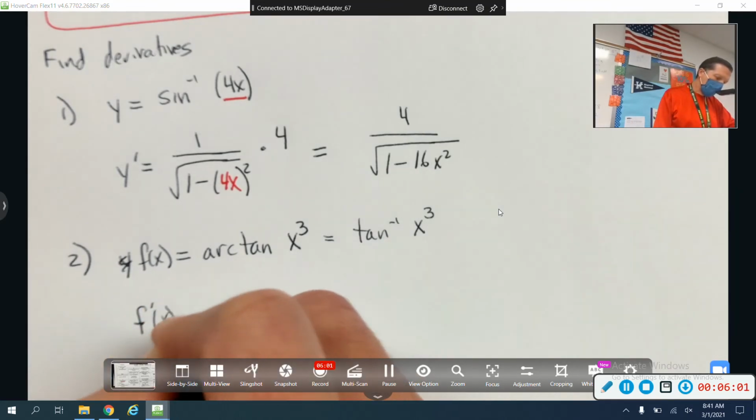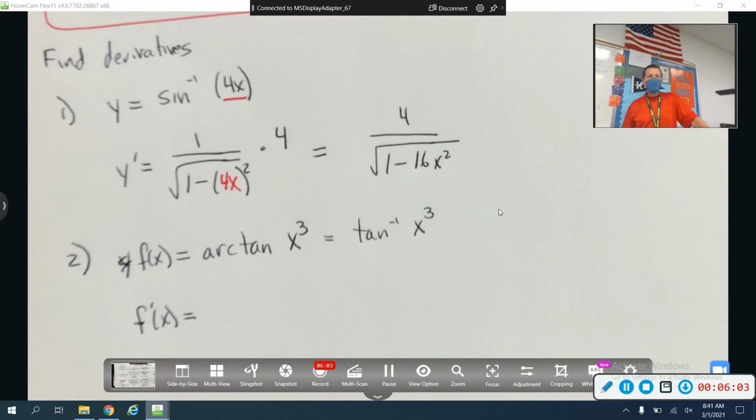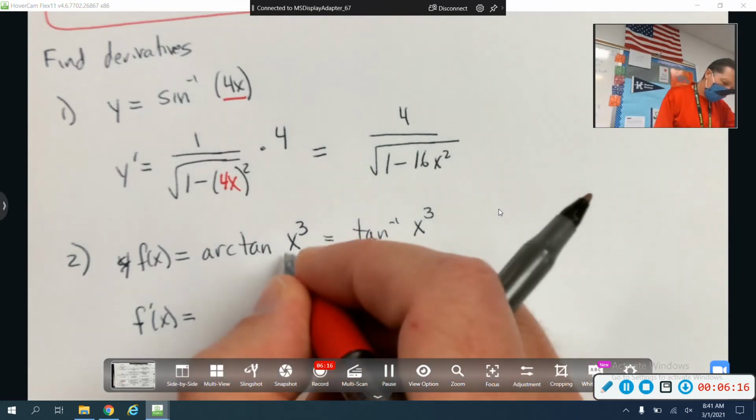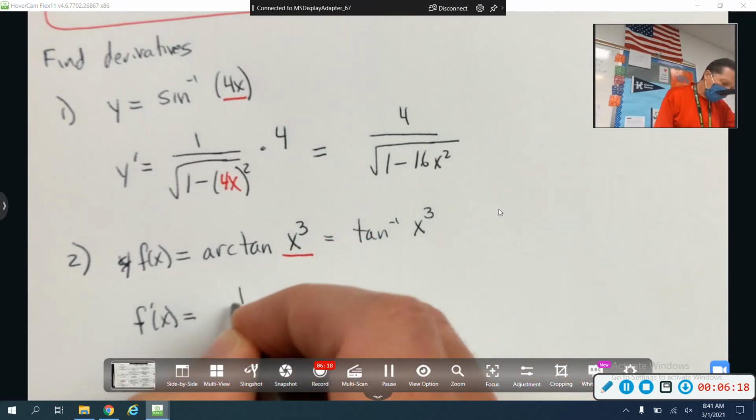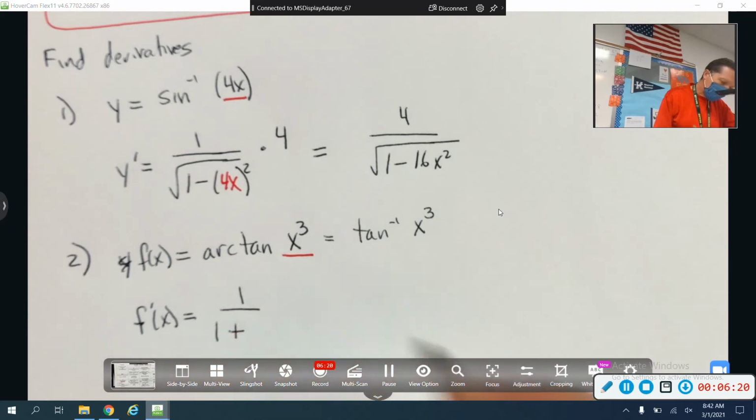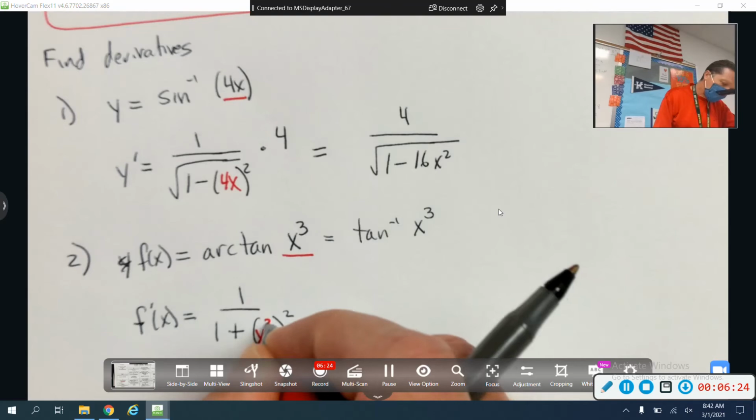So the derivative for inverse tangent. Again, not familiar with them yet, so we're just looking up at the table. 1 over 1 plus the argument squared. So 1 over 1 plus x cubed squared.